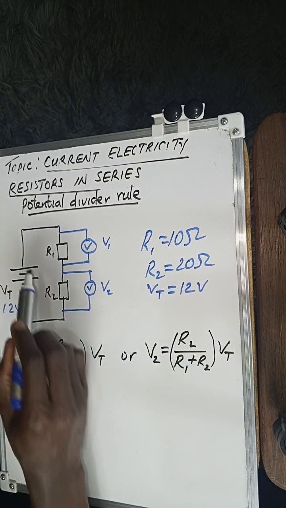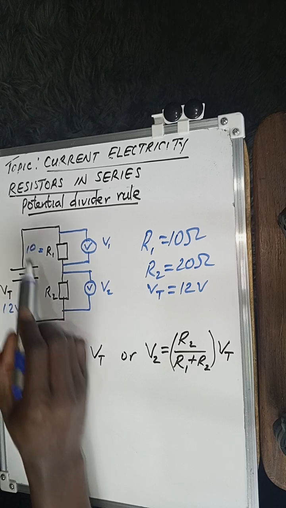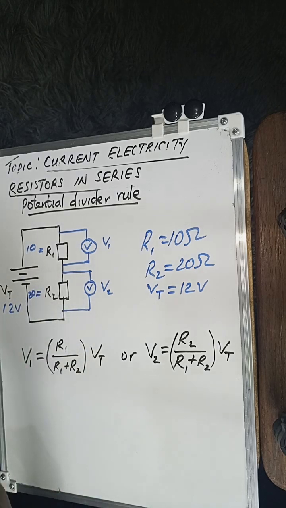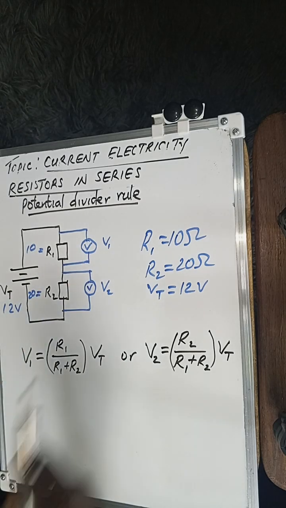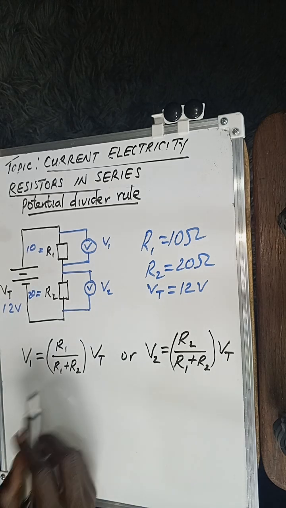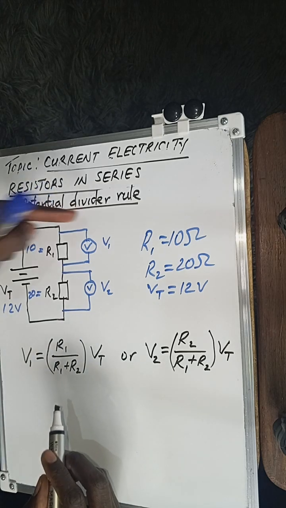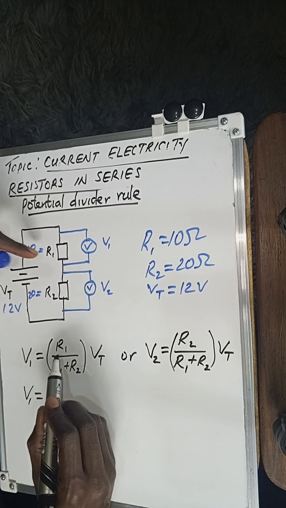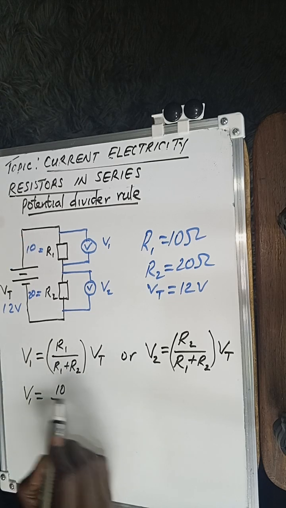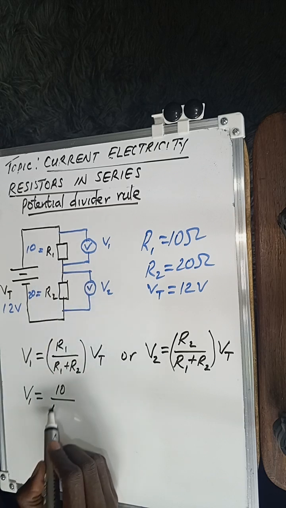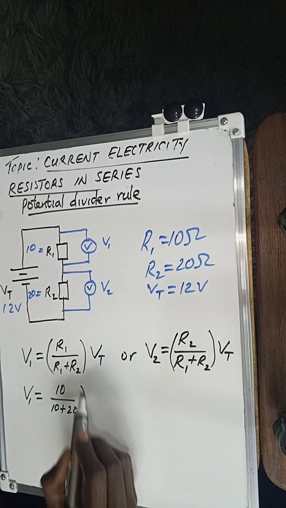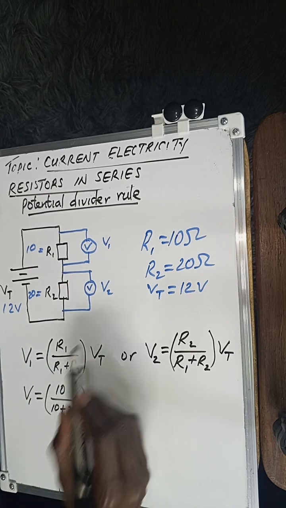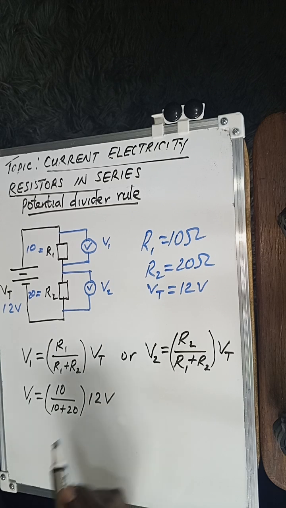Here you have 12 volts, this one is 10, and that one is 20. So how do you know the voltage across resistor 1? Like I said, you can apply the potential divider rule. So V1 will be equal to resistor 1, which is 10, over 10 plus 20, multiplied by the total voltage, 12 volts.